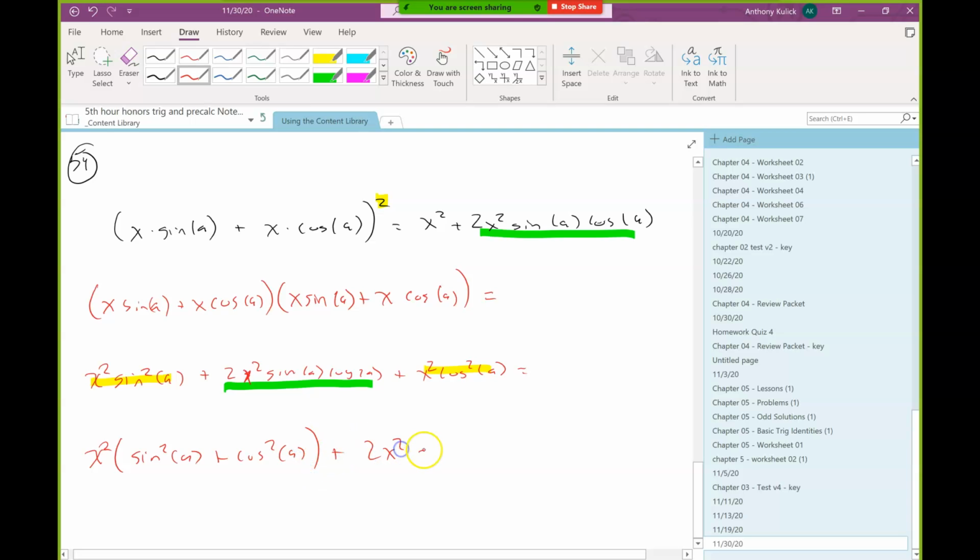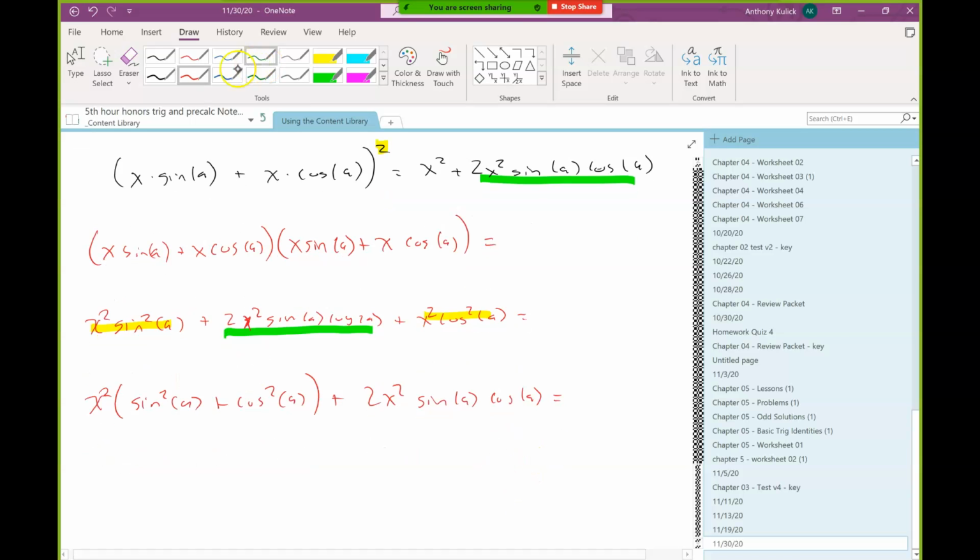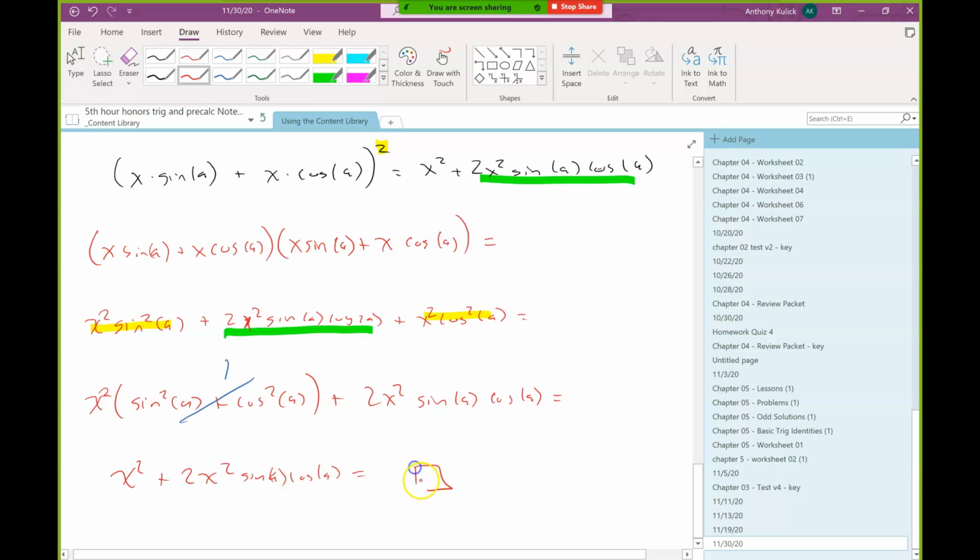And what I'm left with is that Pythagorean, which just goes to 1. So I have x squared plus 2x squared sine A cosine A, which is what we needed. And we're all done.